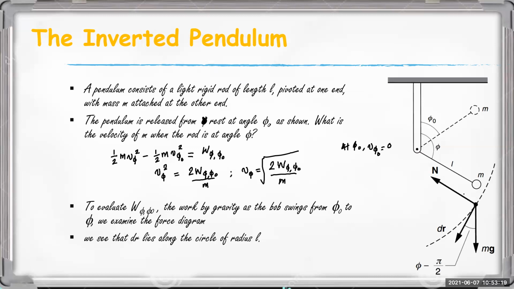From the figure, we see that dr lies along the circle of radius L. What is dr? dr is the trajectory path. This dotted line represents dr, it is a trajectory.